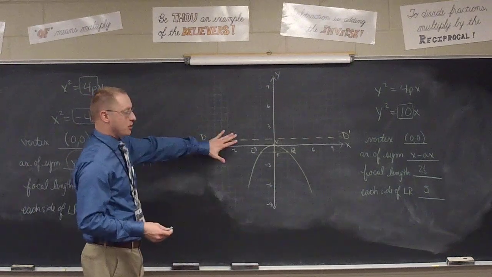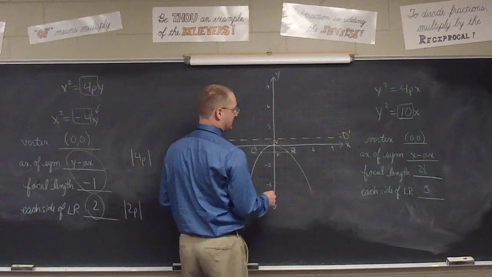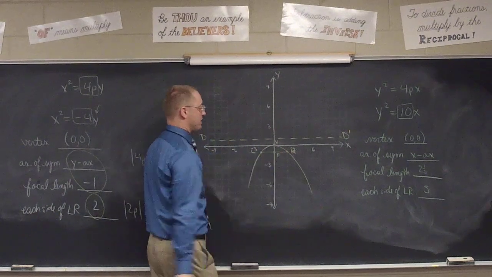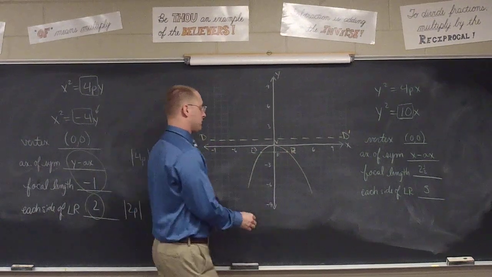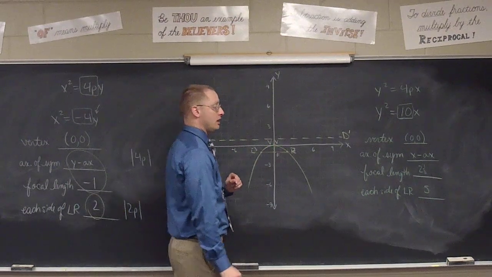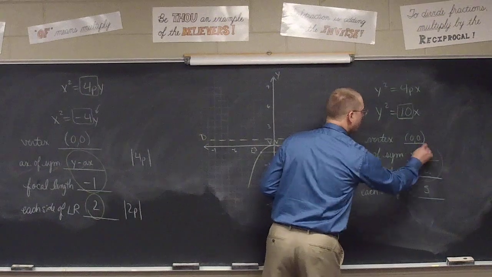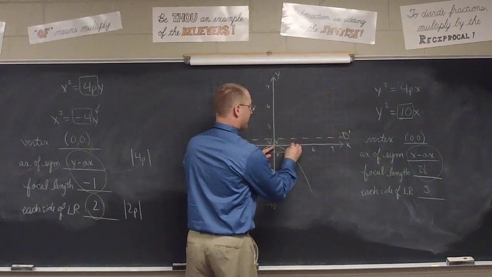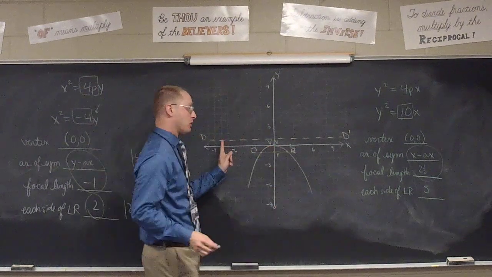So using the same graph that we did a minute ago, let's put our vertex at 0, 0. So I'm just putting it right on top of the yellow dot. Still my vertex. And then along the x-axis go to the right 2.5, positive 2.5, right? If they wanted me to go backwards, I would go negative 2.5.